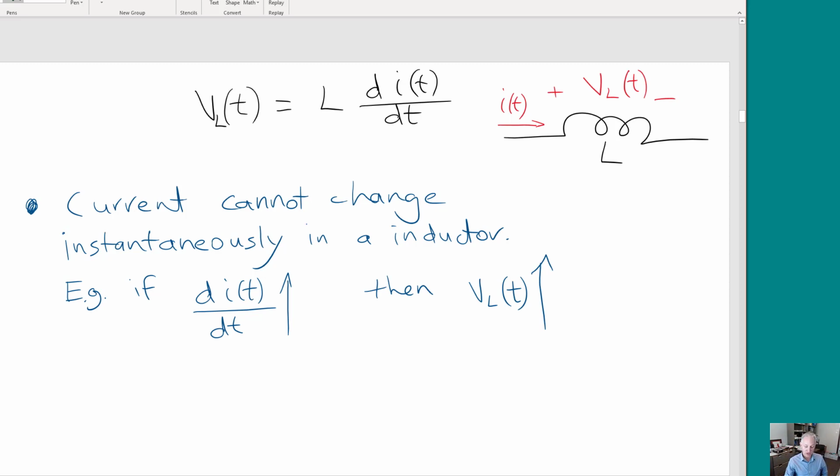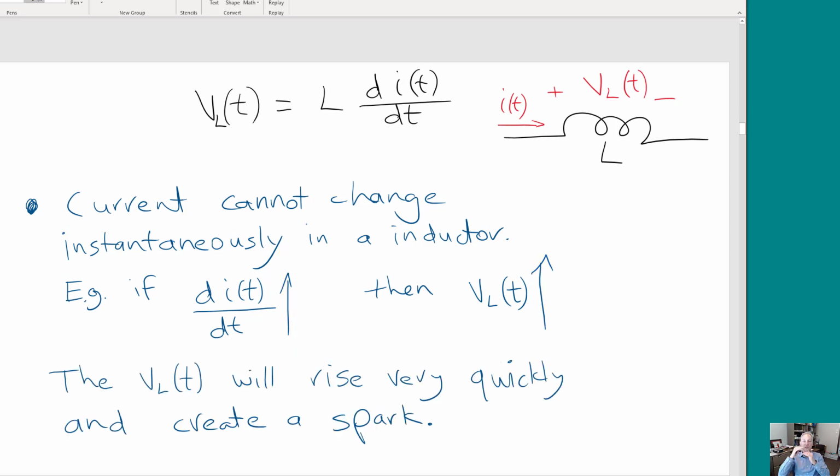If you try to change di/dt, if you increase it, then V across the inductor is going to increase as well, proportionate to the change in the current, and eventually it will rise so quickly that it will create a spark, and whatever current was flowing will flow through that spark and complete the circuit. So it can be a little bit tricky to work with inductors.